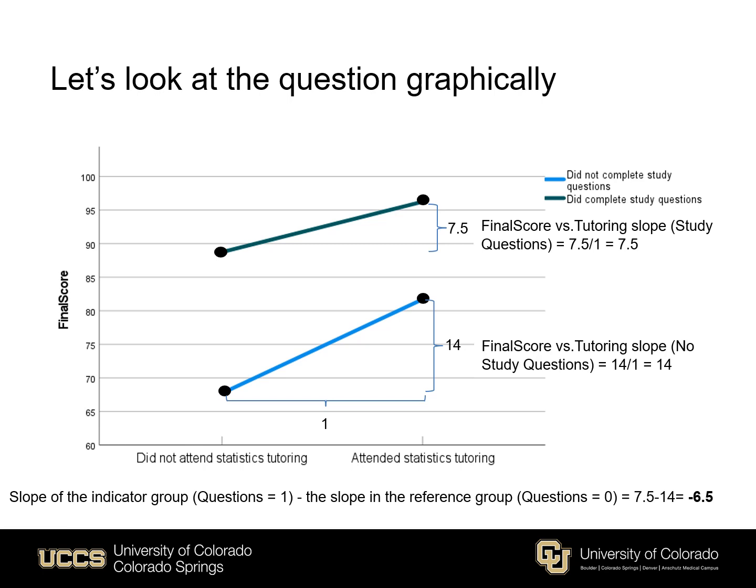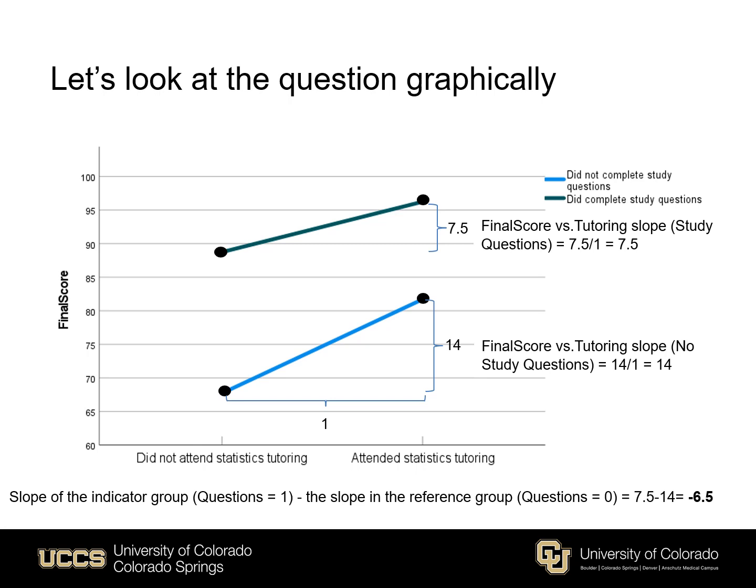So when we look at the difference between the two slopes, notice how we get 7.5 minus 14, negative 6.5. It's very similar to what we saw in the descriptive statistics.